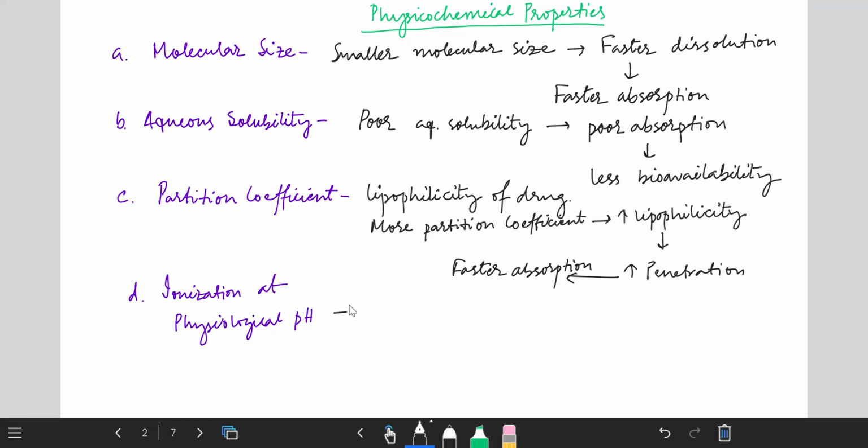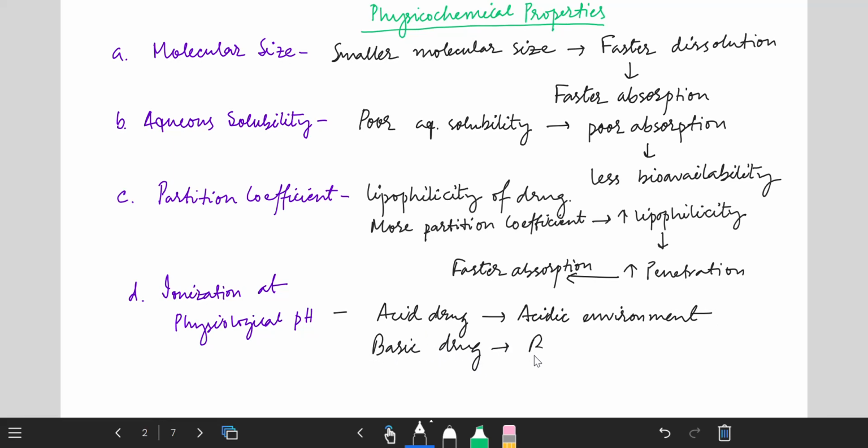So for an acidic drug, the environment should be acidic to remain in the unionized form and show faster absorption, and for a basic drug, the environment must be basic.